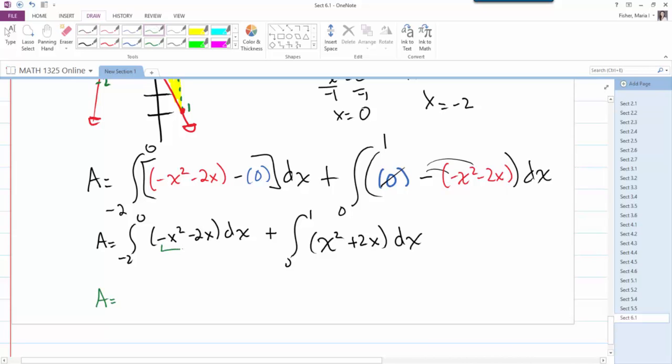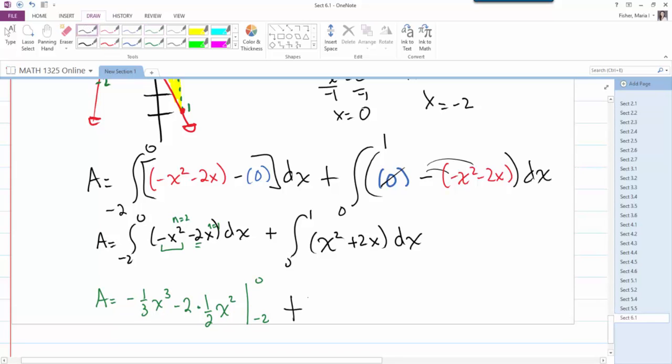So if I integrate here, I get negative, remember, your n is equal to 2, 1/3 x cubed minus, remember 2 is the constant multiple and multiplies along, and your n here is equal to 1. So minus 2 times 1/2 x squared, and this gets evaluated from -2 to 0.